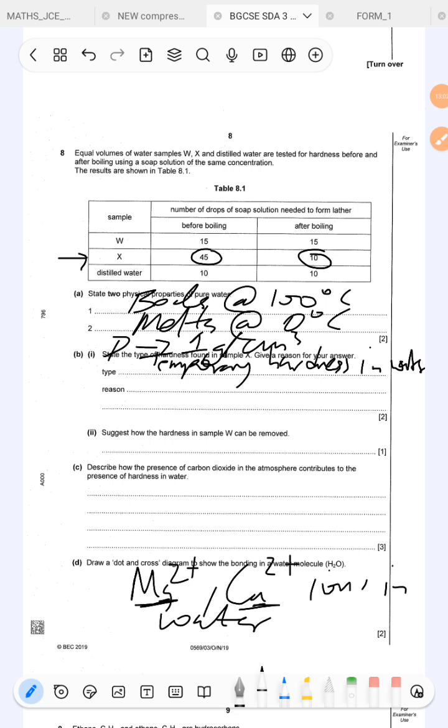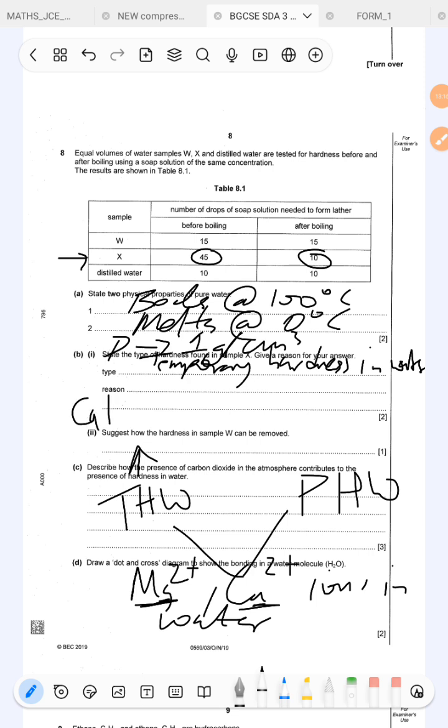Then you have 2 types of hardness in water: temporary hardness and permanent hardness. Temporary hardness in water is formed when you have calcium or magnesium hydrogen carbonate ions present.